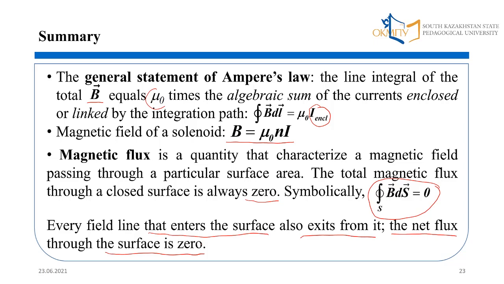So for the electric field, the flux through a closed surface is equal to the charge enclosed in the closed surface. And for the magnetic field, the magnetic flux through a closed surface is equal to 0.